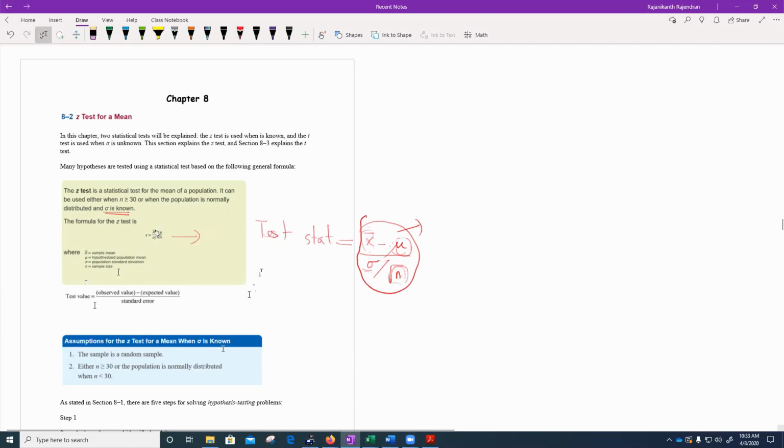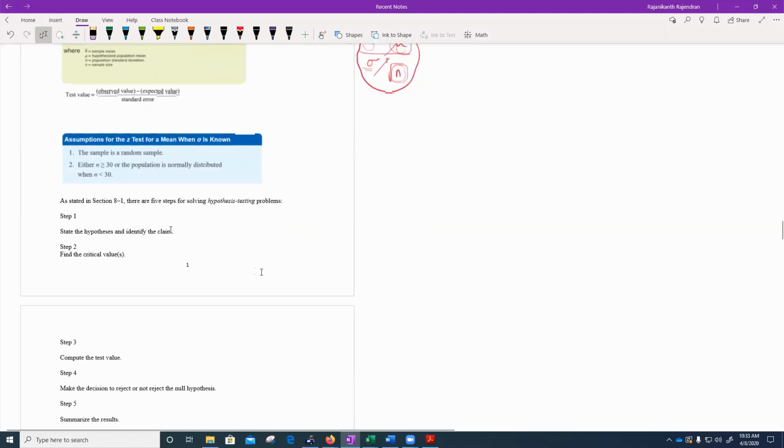Okay, let's see now how to perform the test. Again, we have the assumption here, like the confidence interval problem. Our assumption is that the sample is a random sample, and you need to have this condition: the sample size should be bigger than or equal to 30. In general, if you do not have this condition, then your distribution should be normal.